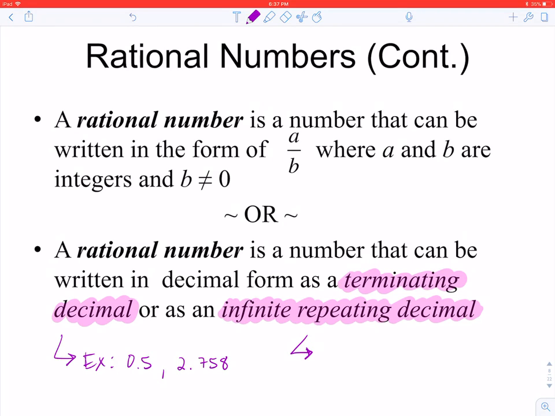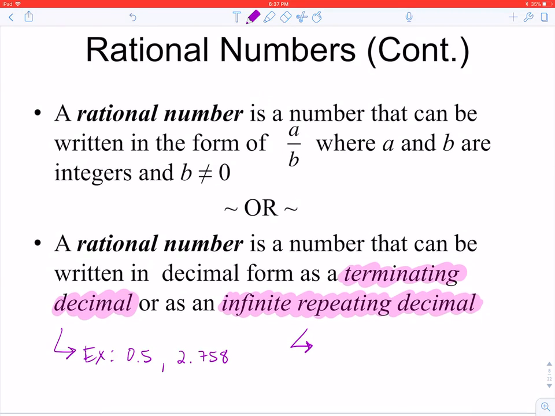And an example of an infinite repeating decimal would be like 0.66666 repeating, right? Or 0.333, like 1/3, 0.33333 repeating. It can also be something like 1.123.